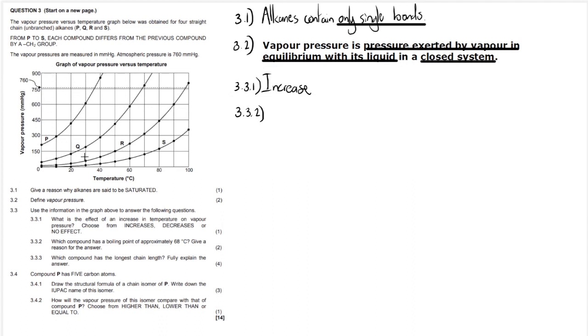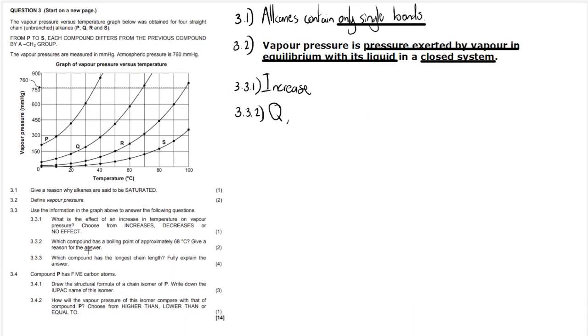And so which graph has a vapor pressure equal to atmospheric pressure at 68 degrees? Let's have a look. 68 degrees is here somewhere. And so that is going to be where vapor pressure is equal to atmospheric pressure. Atmospheric pressure is here at 760. And so I believe it will be substance Q. And the reason, fully explain the answer.